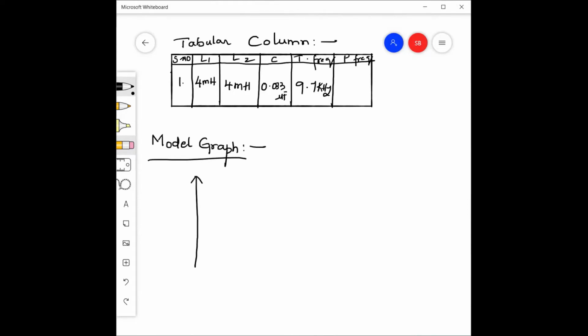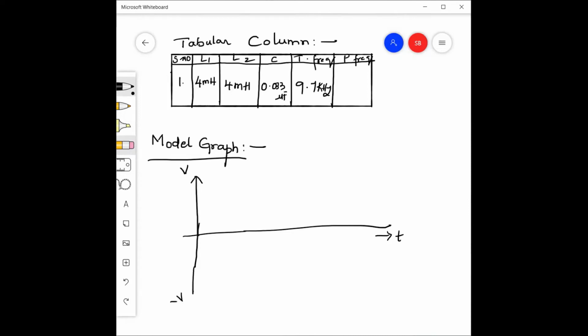For the model graph, consider the y-axis and the x-axis. Always the time period is taken on the x-axis and voltage on the y-axis. While doing the experiment, please note down the waveform in the CRO. There you have to check the voltage, that is the amplitude, the number of divisions, and the time per division.